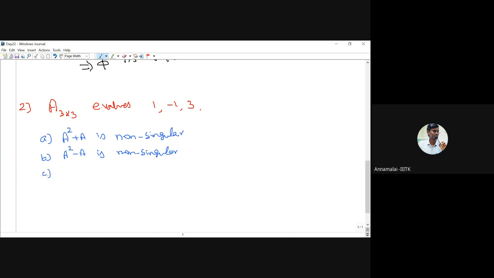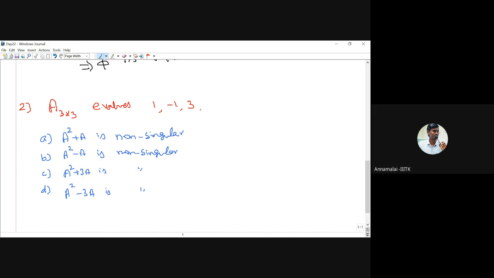If it is 0, it is singular. If it is non-zero, it is non-singular. The third option is A square plus 3A is non-singular, and the fourth option is A square minus 3A is non-singular. So which of the following is true? Now we have to find the eigenvalues of each option.